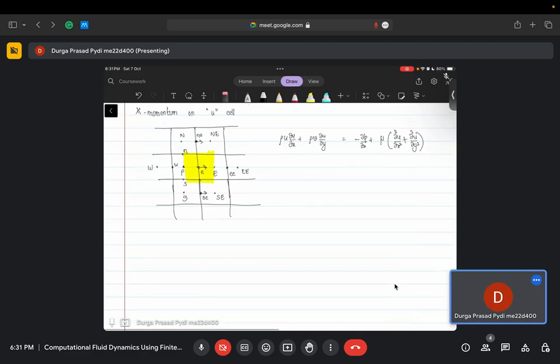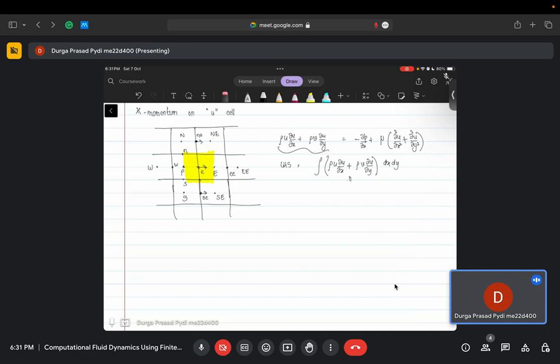so now I'll consider this highlighted portion, and I'm writing the discretized equation for that. So we'll take it term by term. So when we do the LHS, I'll just integrate rho u del u del x plus rho v del u del y times dx dy.